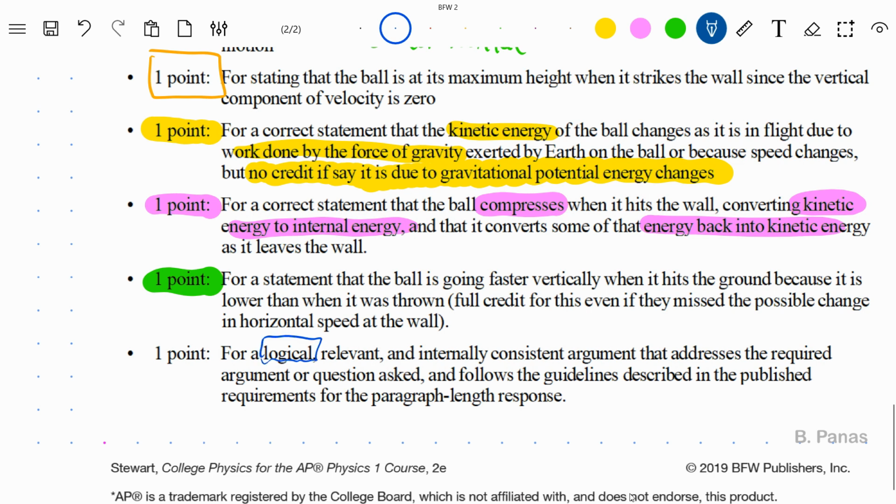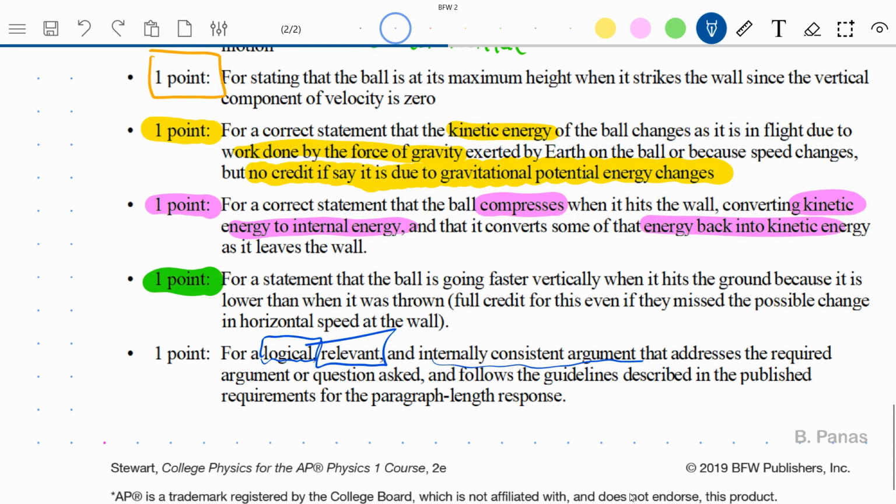It has to have an internally consistent argument. It has to have relevance. It basically has to be, quote, a good answer in the opinion of an expert in the area who is grading your paper. So this is arguably a little bit subjective, and that's fine.